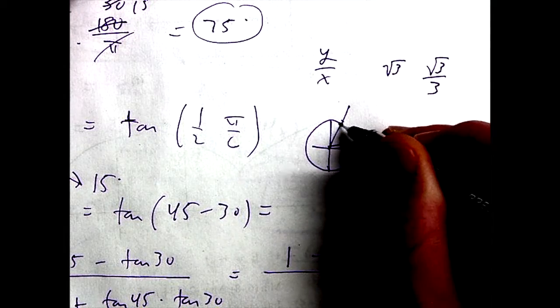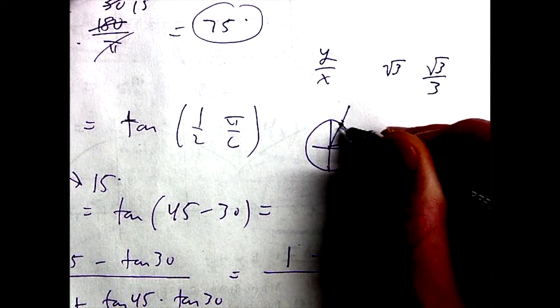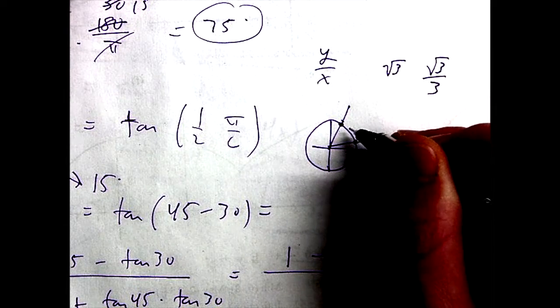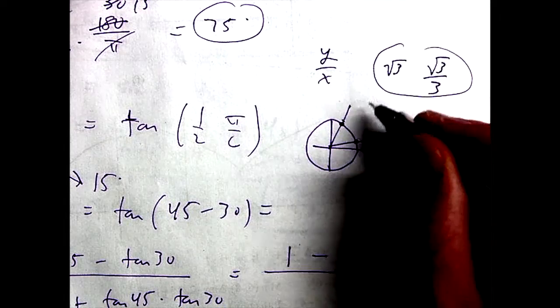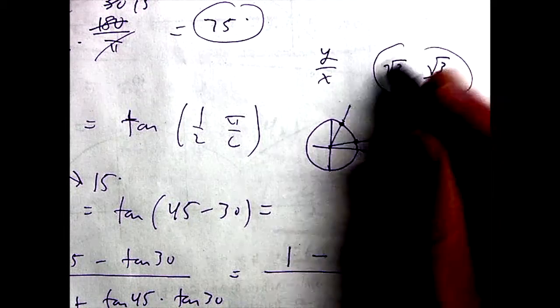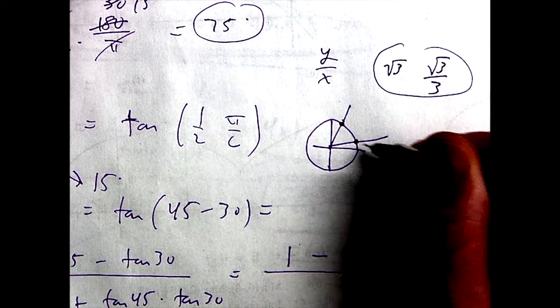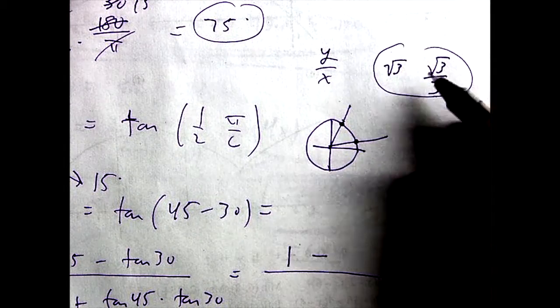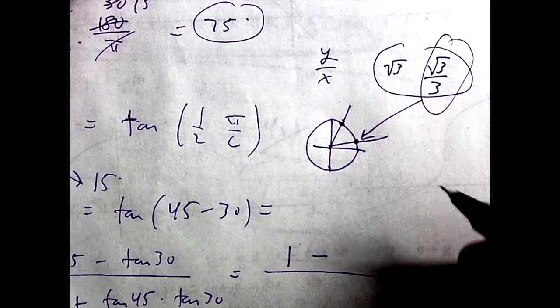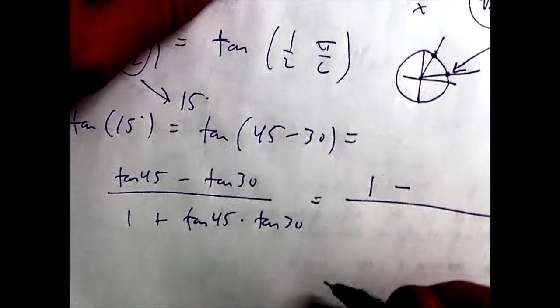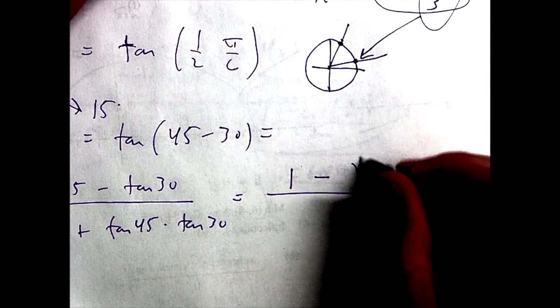On the other hand, at 60 degrees, the y-coordinate is big, the x-coordinate is small. That would make tangent large. So the larger of these 2 numbers goes to 60 degrees, and the smaller goes to 30 degrees. Which one is smaller? Well, surely root 3 over 3 is smaller. So that's got to be the one associated with 30 degrees. So that's the tangent of 30 degrees. It's root 3 over 3.